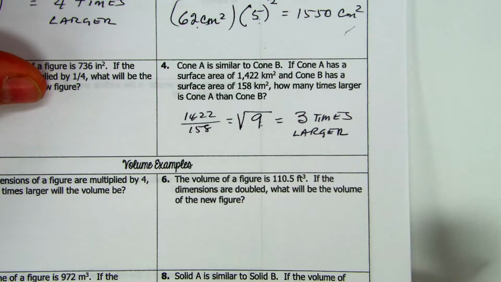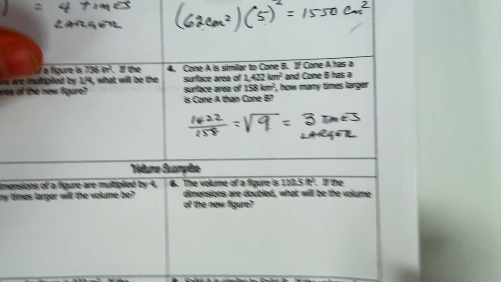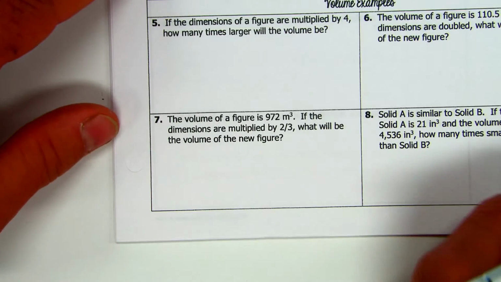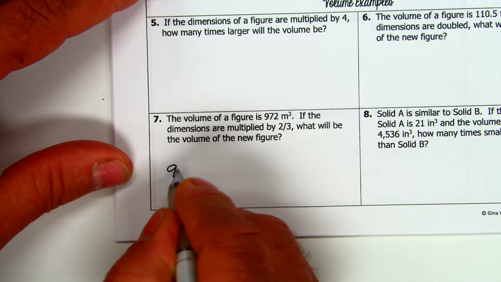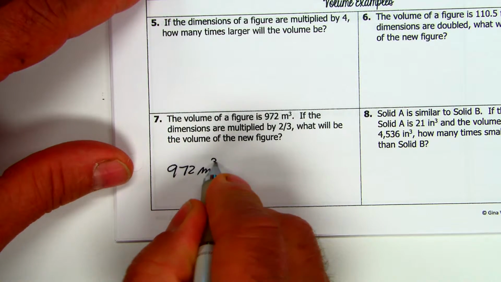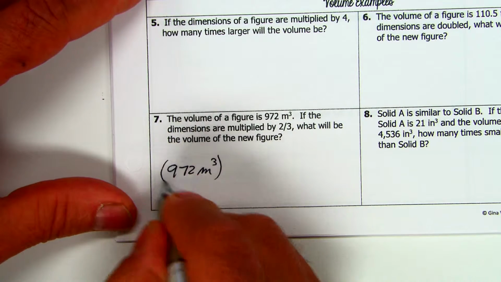All right, so let's look at number 7. So number 7 says the volume of a figure is 972 meters cubed if the dimensions are multiplied by 2/3.